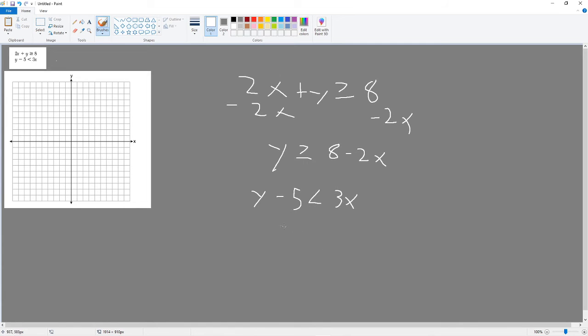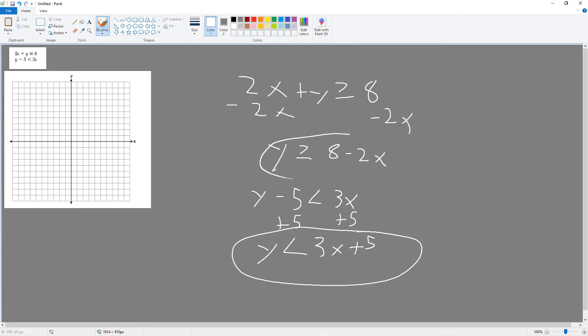For this one, I can add 5 to both sides, and I get y is less than 3x plus 5. So these are the two graphs I'm looking at. Just to generalize what I've done so far, I look at these two equations and convert them into y equals format.